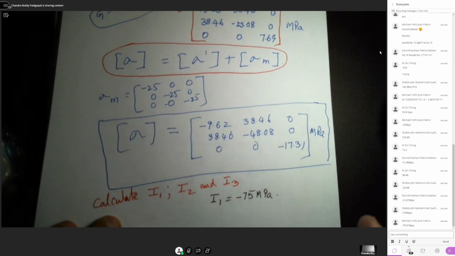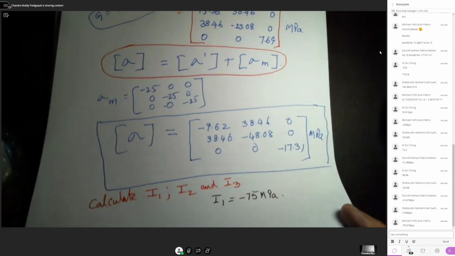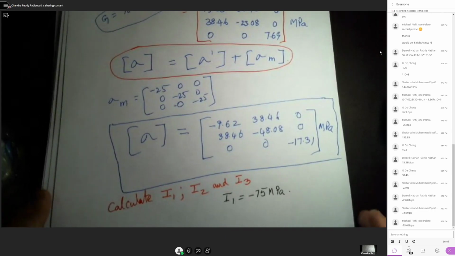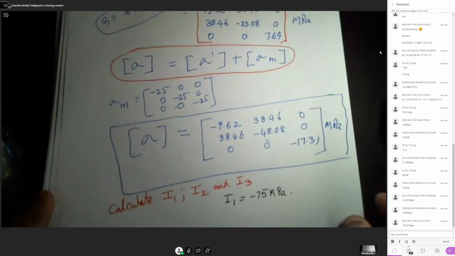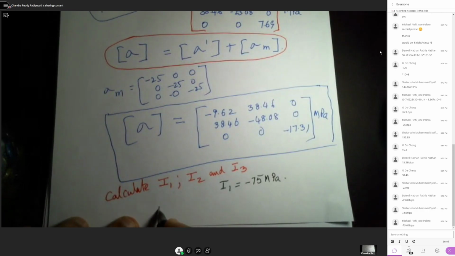So then you calculate I2. So I take this out. I can just write I2 here.